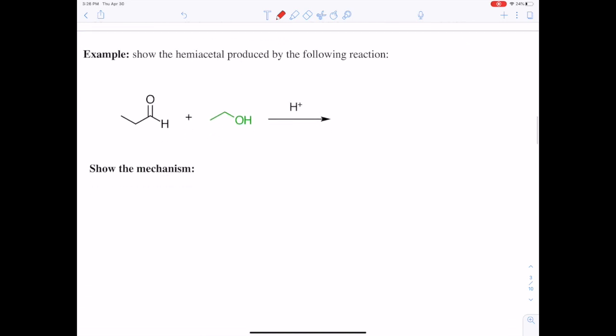So, can we predict the hemiacetal that we would form here? Well, we know that this oxygen is going to attack here, and these are going to go up. And this is going to become an OH. We're going to protonate with the catalyst. That will become an alcohol type group on that carbon, and then this hydrogen will come off in the end. We'll lose it because H+ is a catalyst. So basically, you look at the carbon chain.